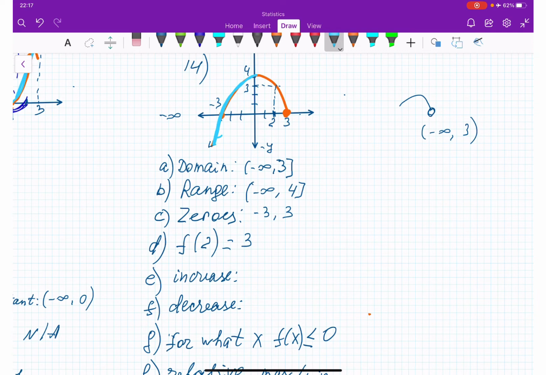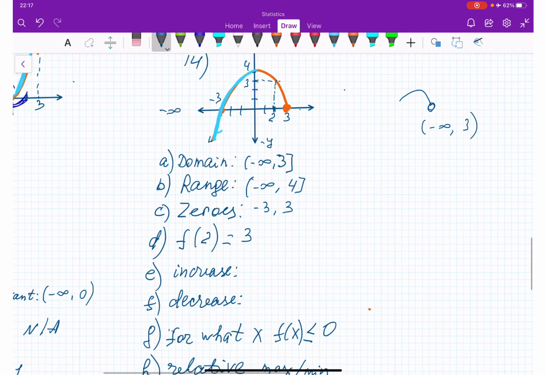Which means the increase is going to be from x is negative infinity, and it's coming to where x is equal 0, right? Okay. Decrease is going to go from 0 till when?